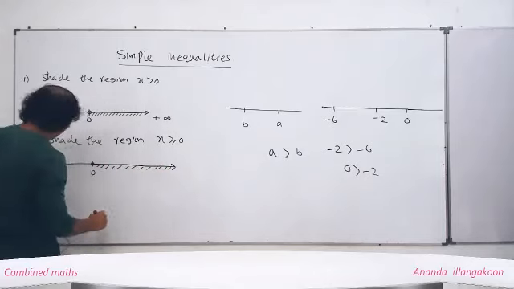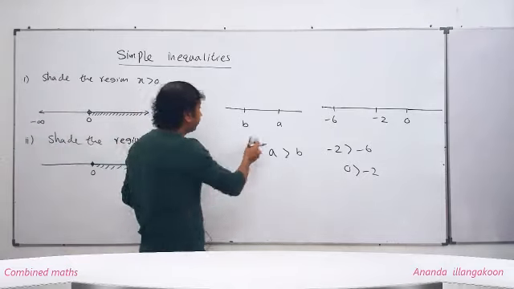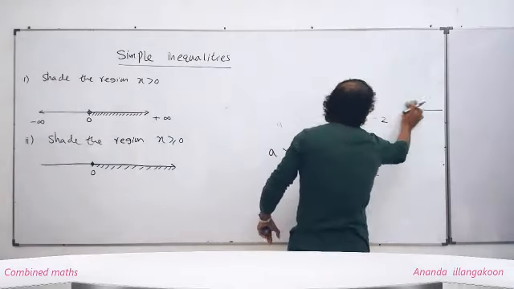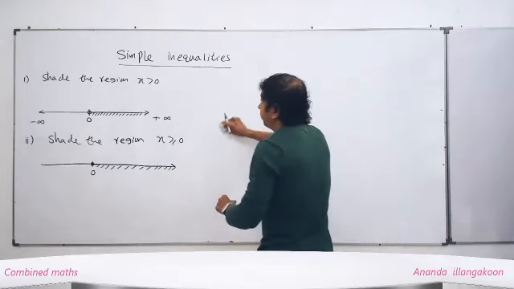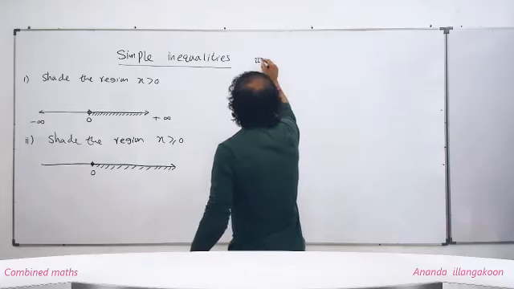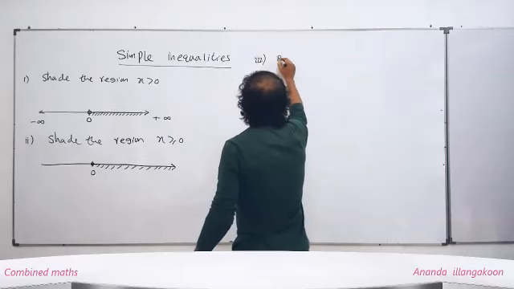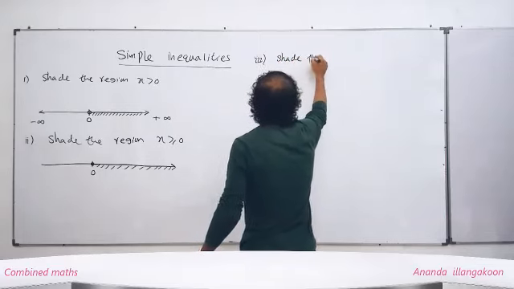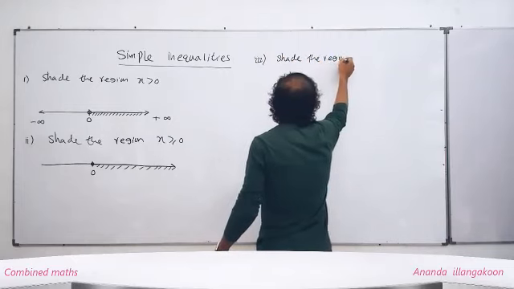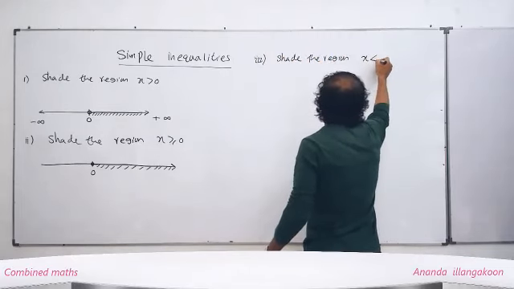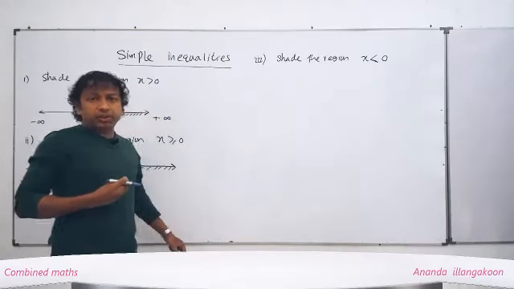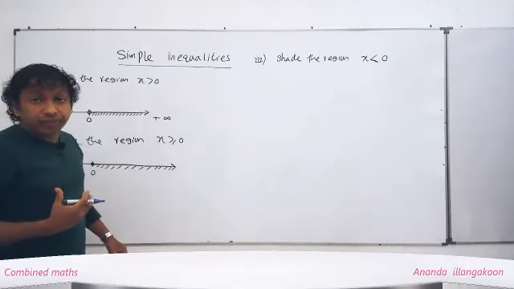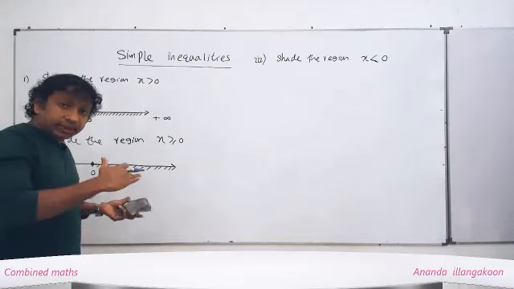Right? So next one, take the third one, number 3. Shade the region x less than 0. People, x less than 0. The real number we consider should be less than 0.